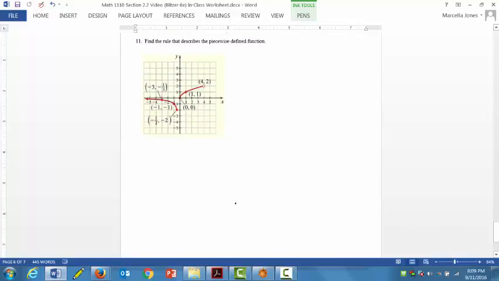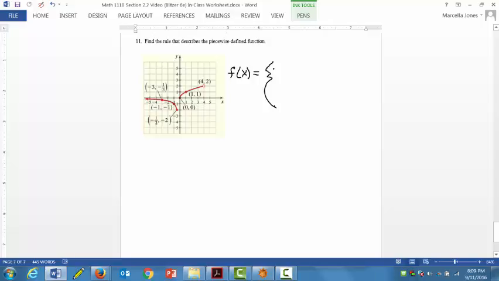Now when I look at this graph, I look at these points on the left branch, and I realize whatever x is, y is its reciprocal.